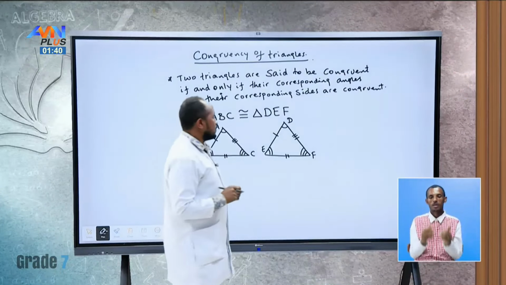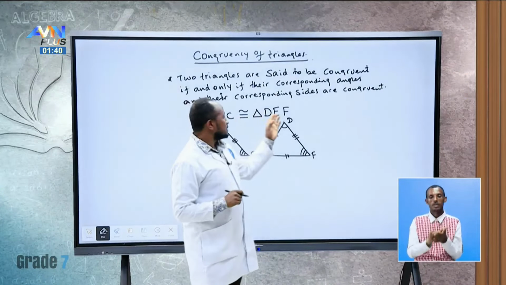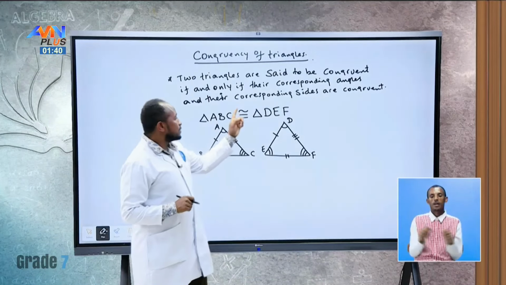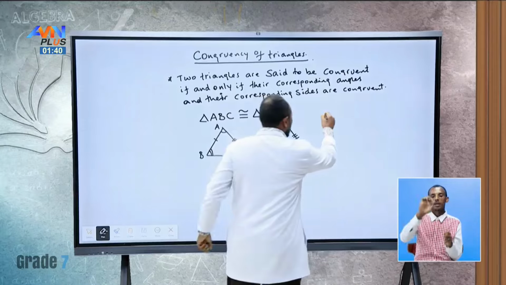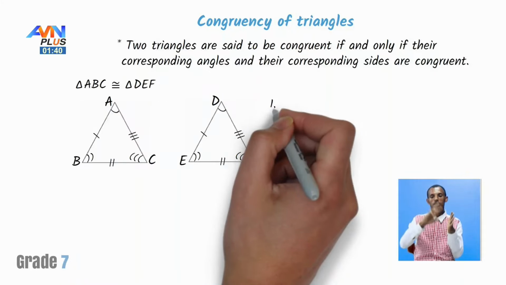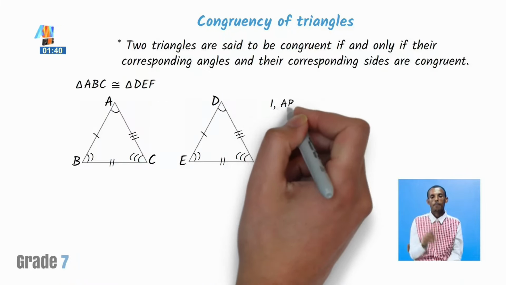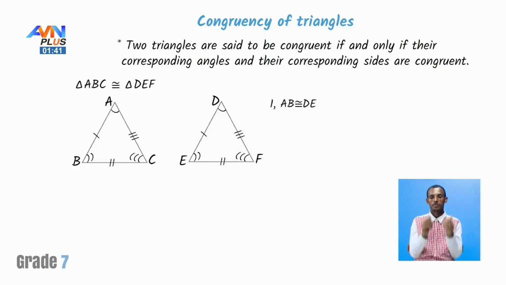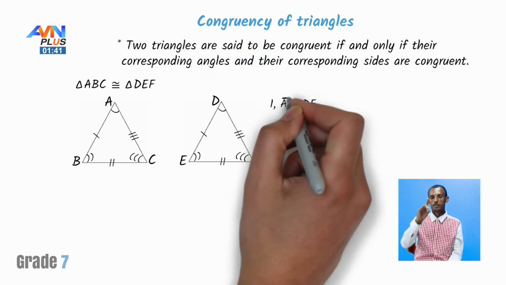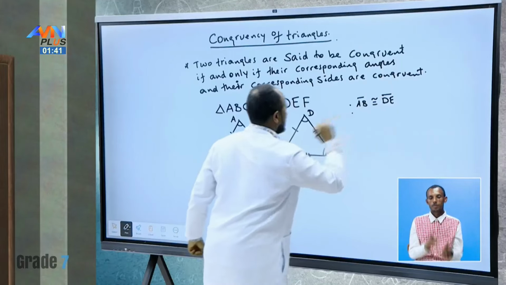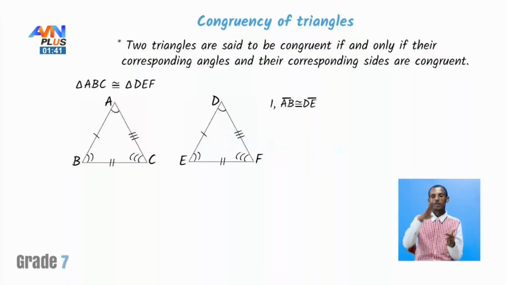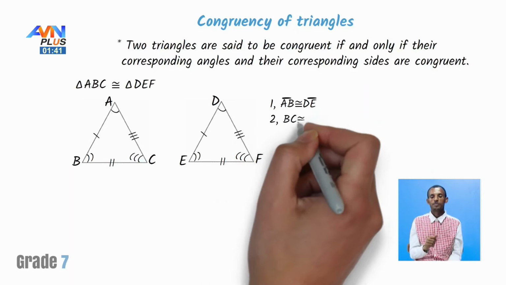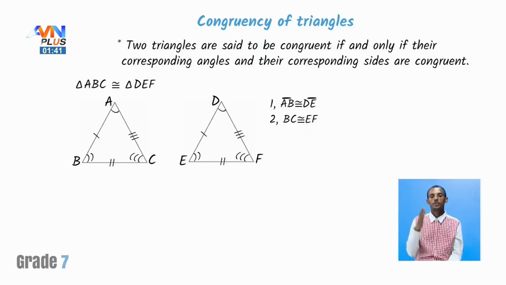So don't forget that this has 6 meanings. Triangle ABC is congruent to triangle DEF means, one, as just stated here, side AB must be congruent to side DE, and side BC must be congruent to EF.